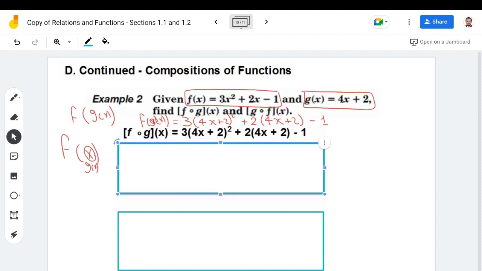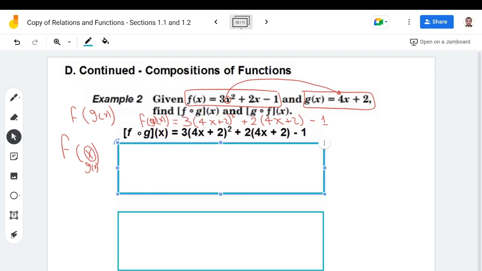Why did I square? Because in the question I didn't factor anything. I just replaced this x with this function here, and this x has a power of 2, so I put this expression here with the power of 2. Then now you can just simplify.